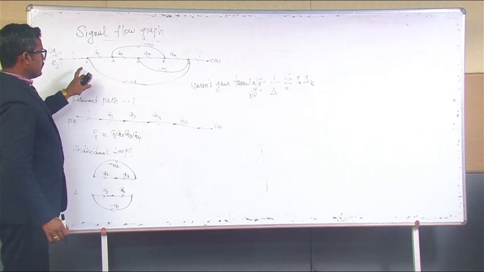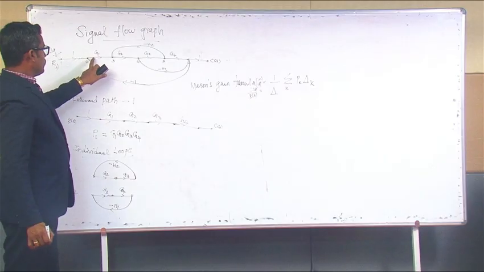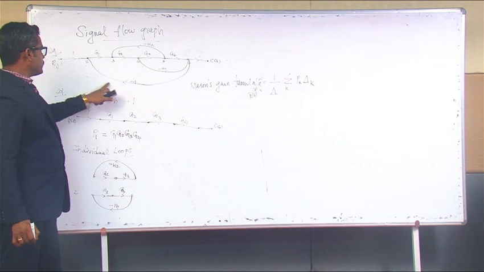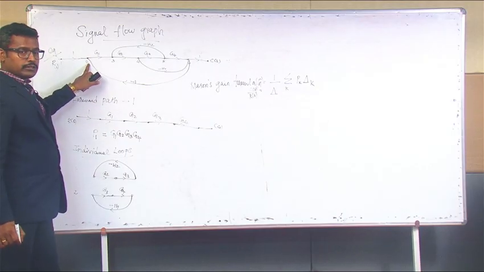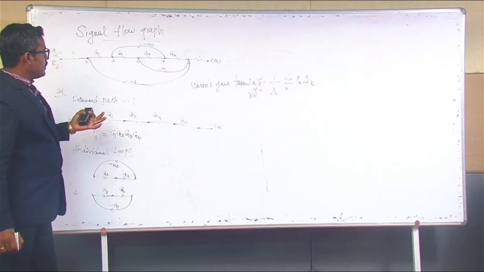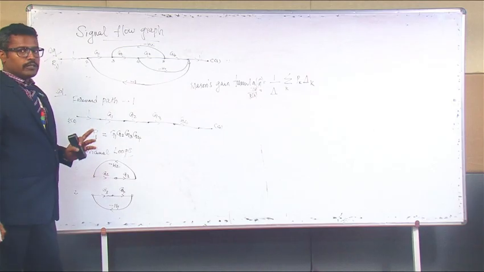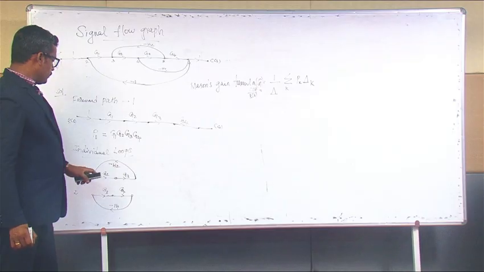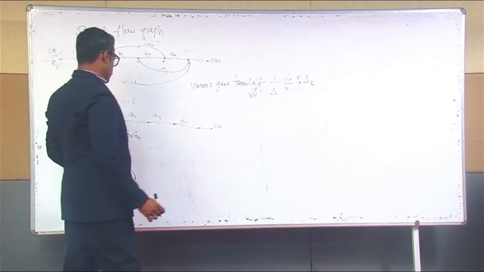Another loop is present here: from node 2 to 6 in the forward direction, again coming back to node 2. So this is the third loop. Is any other loop present? No, only 3 loops are present in this signal flow graph.